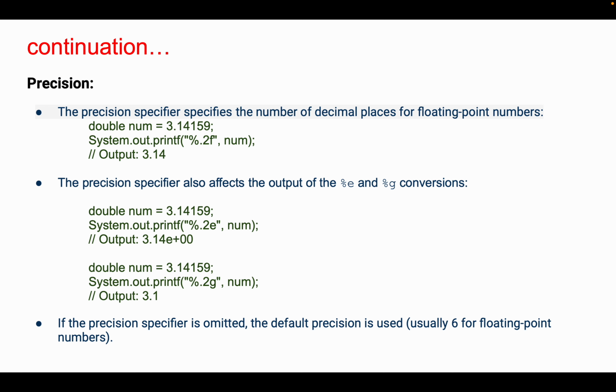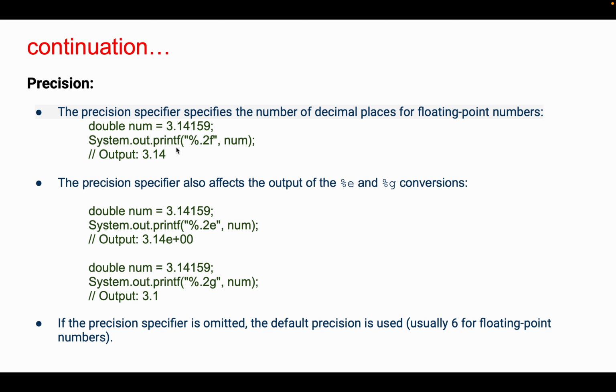Now we will be looking at the precision. The precision specifier specifies the number of decimal places for floating point numbers. Here is one more example with a double num, which has the value 3.14159.